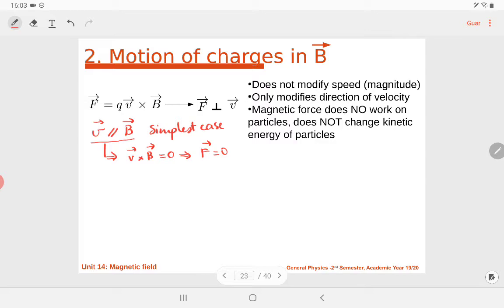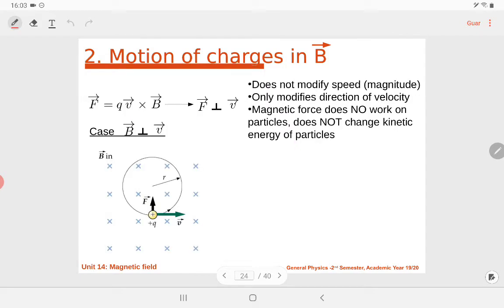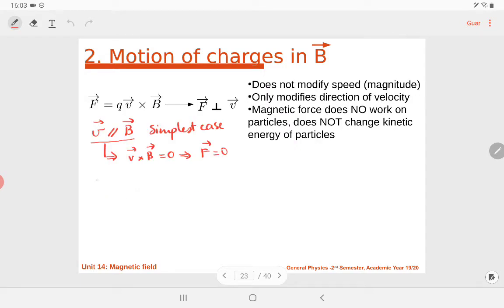Imagine another case, in which the velocity is completely perpendicular to the magnetic field. This is another extreme case. So imagine you have a positively charged particle that is moving towards the right.